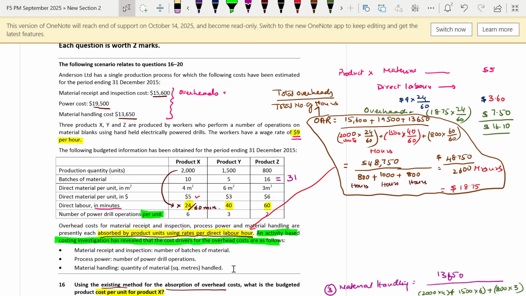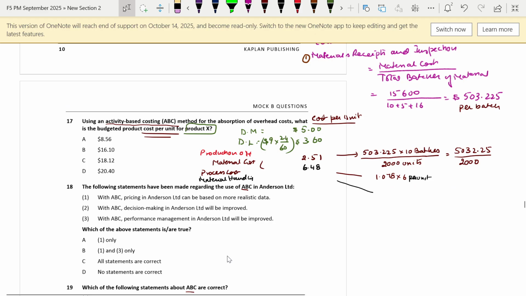How much is that? $0.70 times 4. It comes to how much? 2.8. Is it 2.8? Total how much?